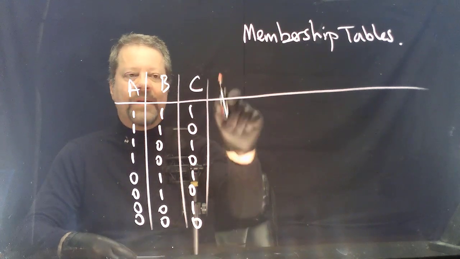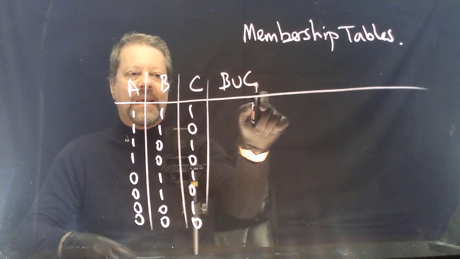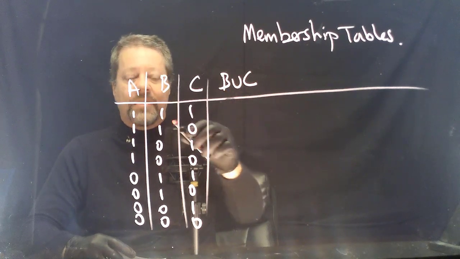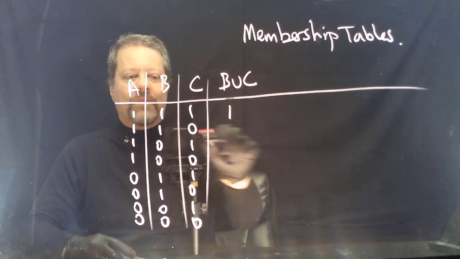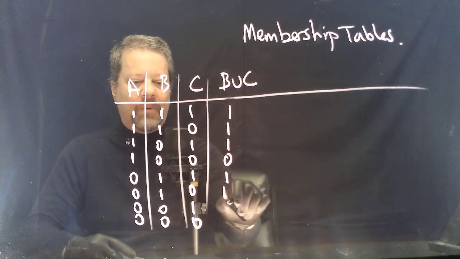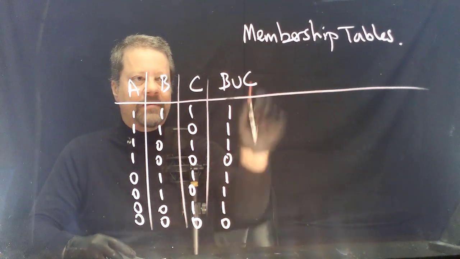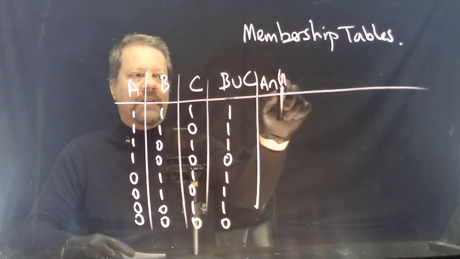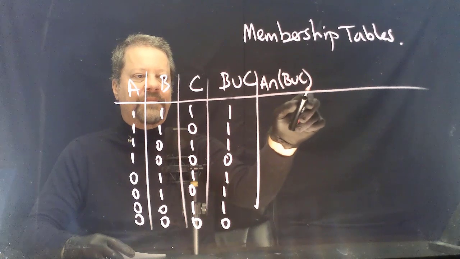Now, what is B union C? They're the things either in B or in C, so it's an or statement. So we'll have 1, 1, 1, 0, 1, 1, 1, 0. Then how about A intersect B union C?